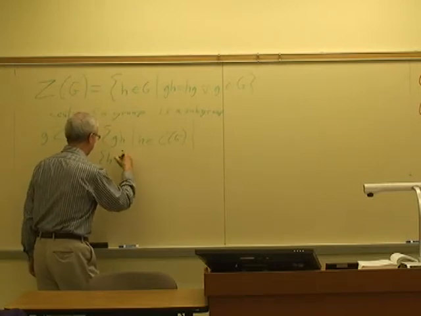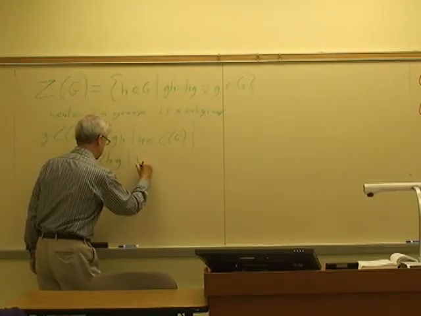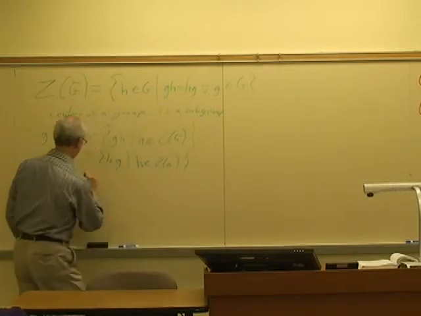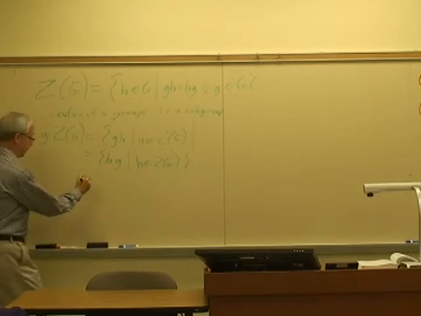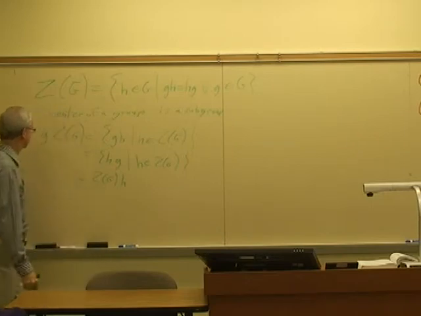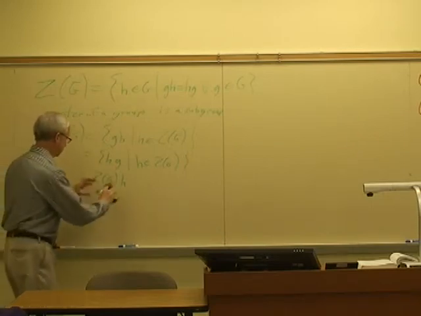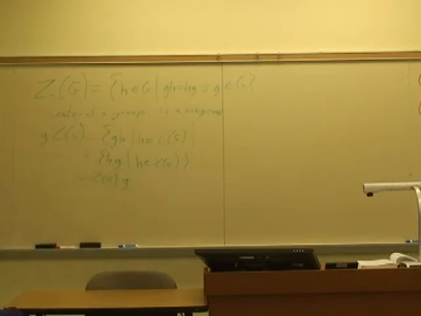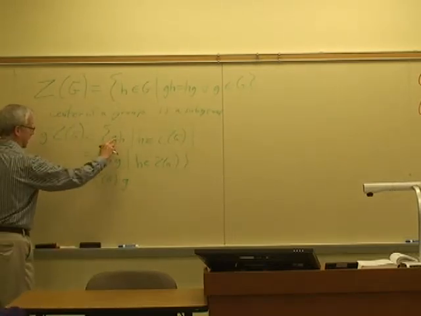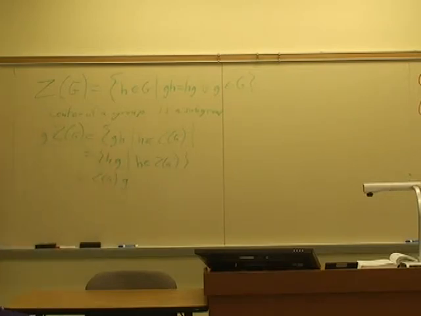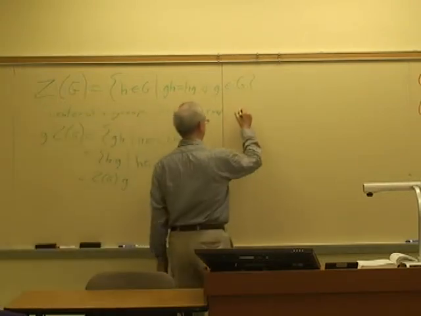In particular, it'll commute with this particular G that I chose. And what's this equal to by definition? Because the results commute every time, I of course get the same answer. So the center of the group, we conclude, is a normal subgroup.